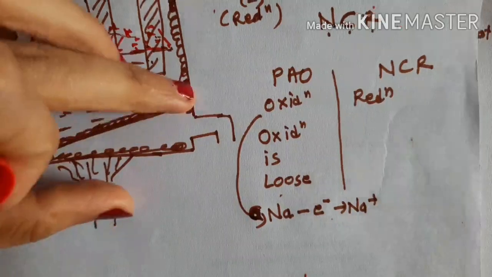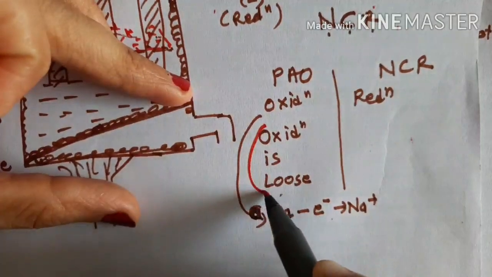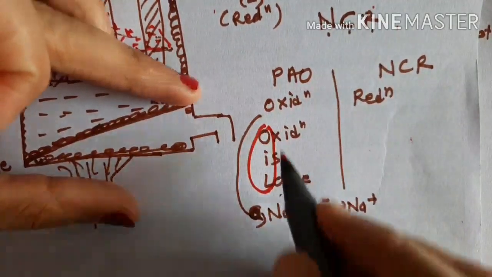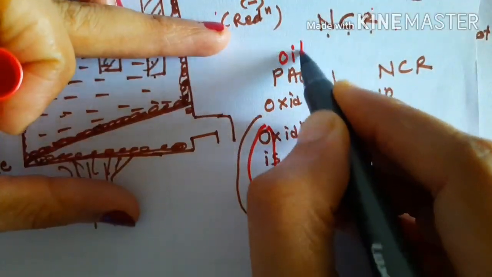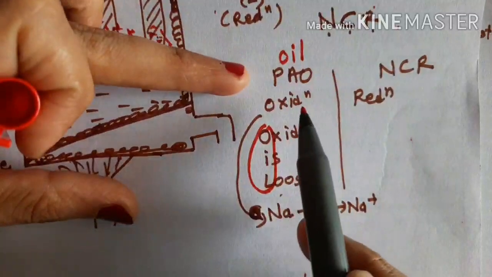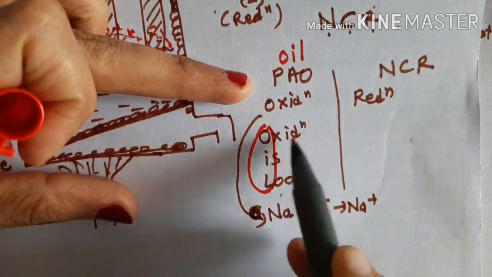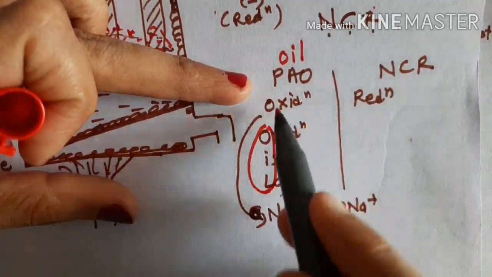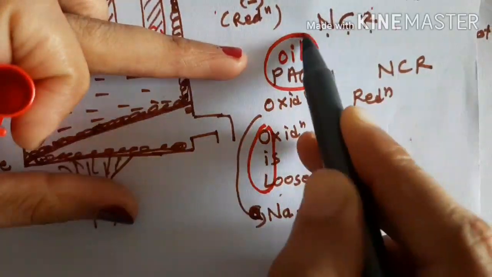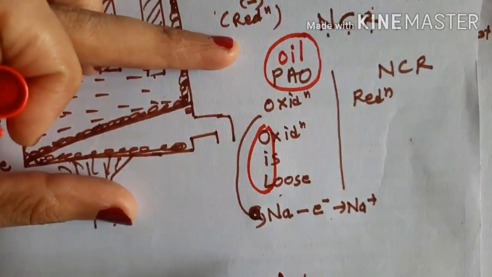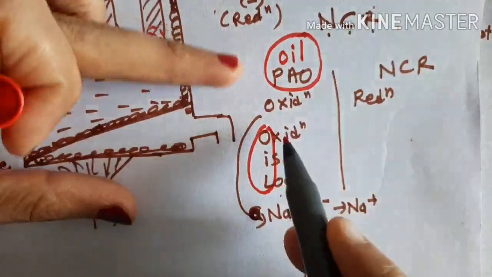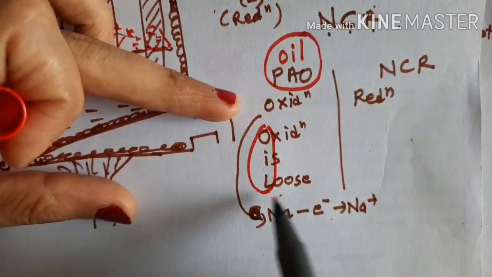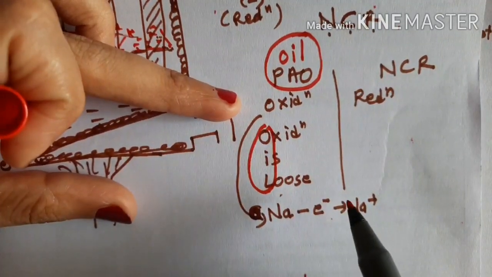So we can say OIL RIG. Oxidation is a loss of electrons. In OIL we are adding, which means that oxidation is a loss of electrons. Got it?